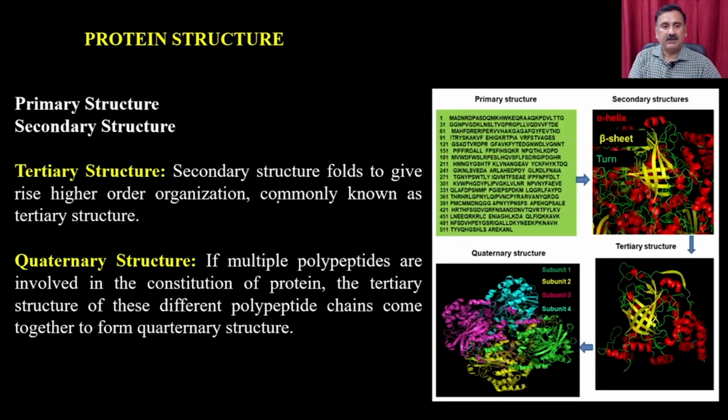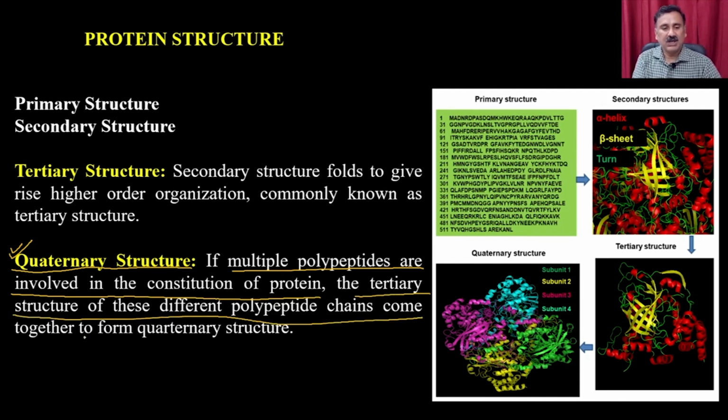Now, once we are done with the tertiary structures, you can also have the quaternary structures. If multiple polypeptides are involved in the constitution of the protein, the tertiary structures of these different polypeptide chains come together to form the quaternary structure. Now, the question comes: under what conditions can you have the quaternary structures, and how will you know that the protein has the quaternary structures?